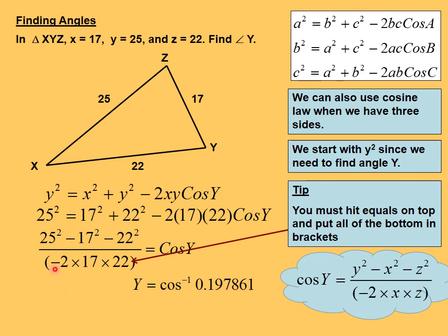Also over here, make sure you hit a negative sign, not a minus sign, because then you'll get an error message. So once you've got this 4-digit decimal, we're almost done. Remember to find angles, we always use the inverse button. So do a quick cos inverse, and let's see if you can get 79 degrees. If you can, you're all done, and you know how to use cos to find angles.